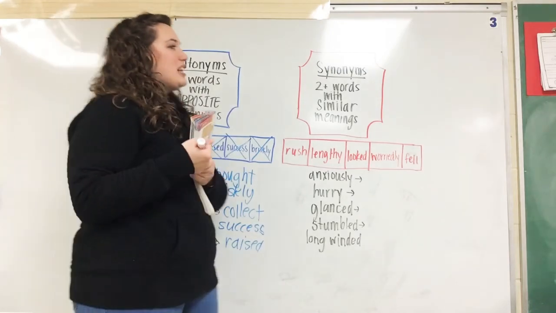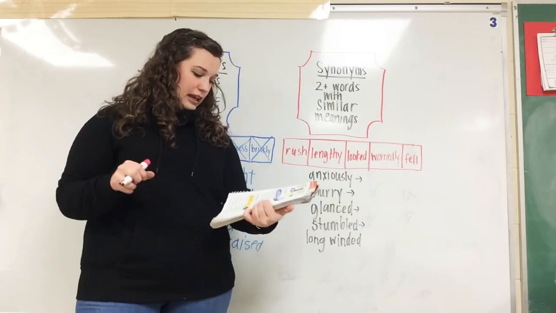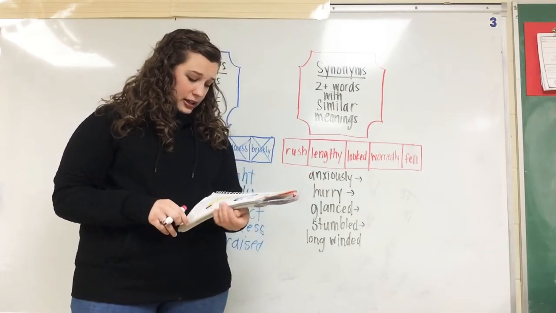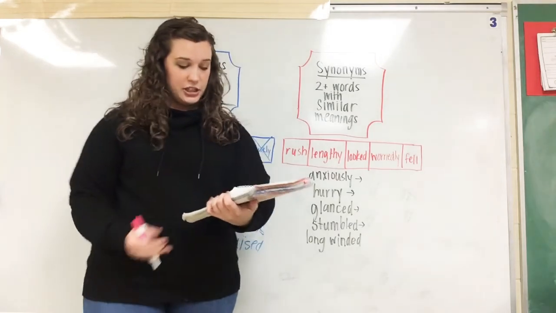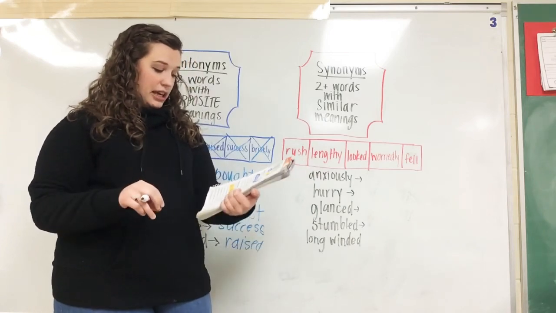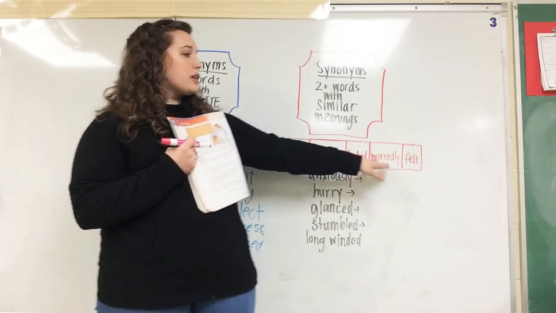Okay, let's move on to synonyms. Synonyms are the similar words, right? Words with similar meanings. So same page. We're at the yellow paintbrush now. We need to write the synonym or the similar word to the bold one, just like we did above, only different. Okay, number one, Frighter appeared anxiously at the paper. Out of our options, rush, lengthy, looked, worldly, fell.